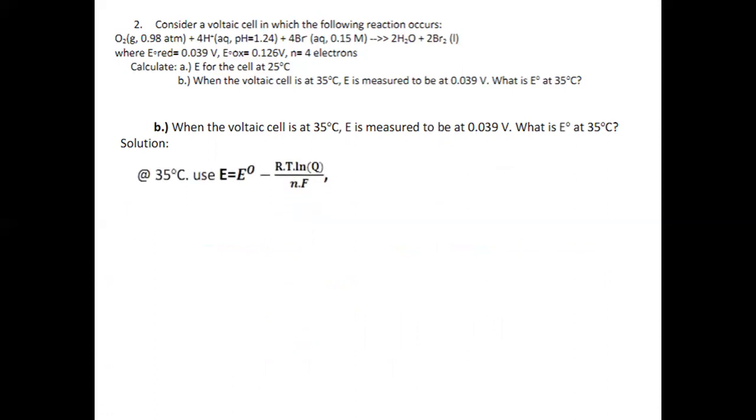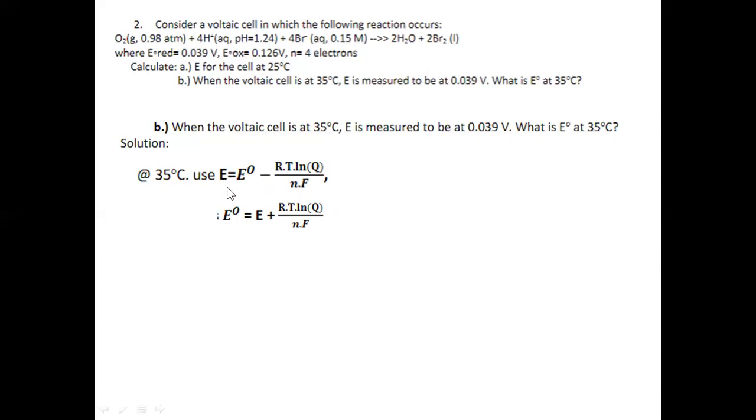At 35 degrees Celsius, we're going to use the cell voltage is equal to the standard voltage minus the following fractional quantities as the gas constant times the temperature, which is 35 degrees Celsius converted to Kelvin, times the natural logarithm of Q all over N times F. Now, since we need to solve for the standard voltage at 35 degrees Celsius, we have to transpose this quantity, negative RT ln Q all over NF, to the other side of the equation.